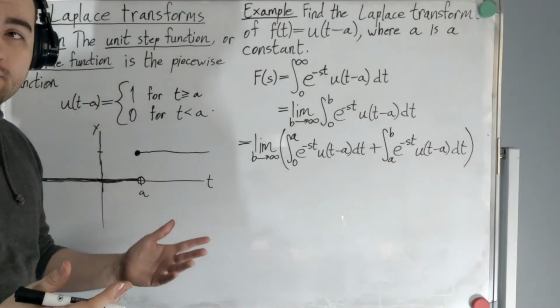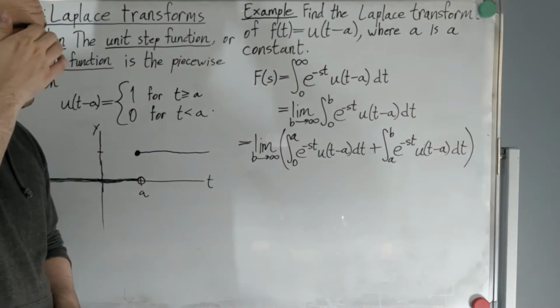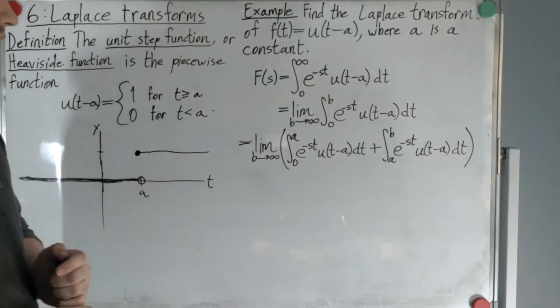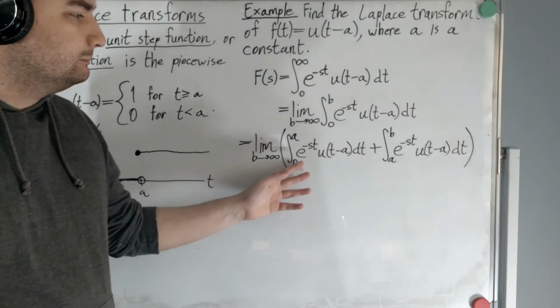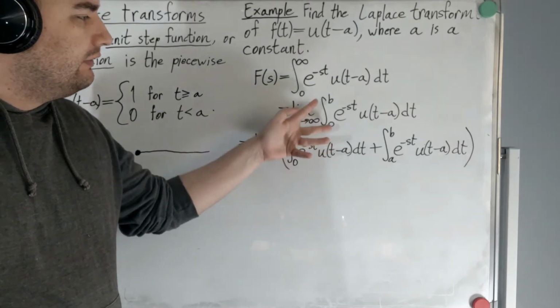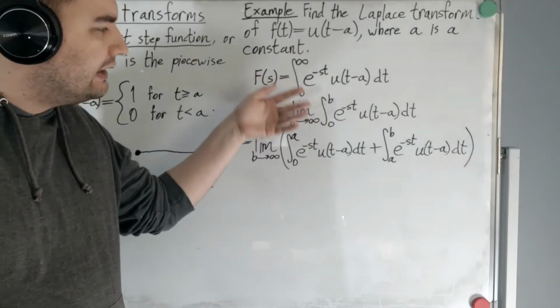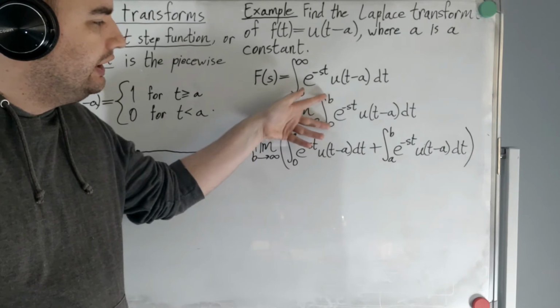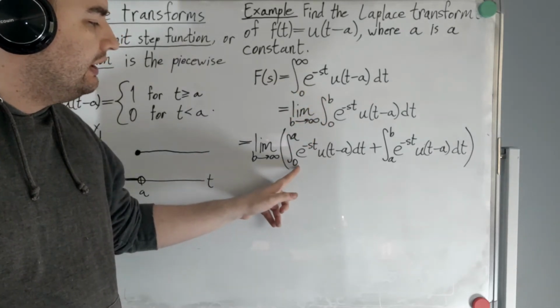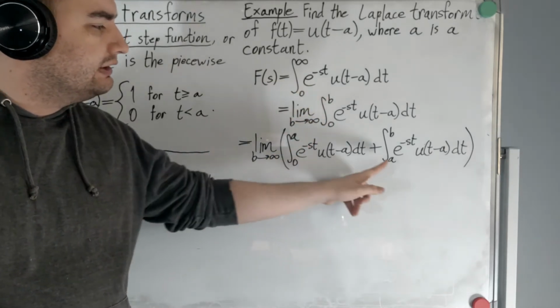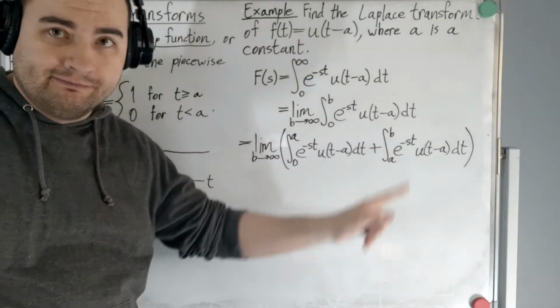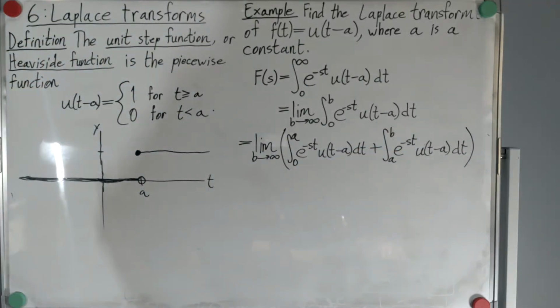We can agree on that, right? We can agree on that because when you have a definite integral from 0 to b, you can split that into a definite integral from 0 to a plus a definite integral from a to b. Okay.